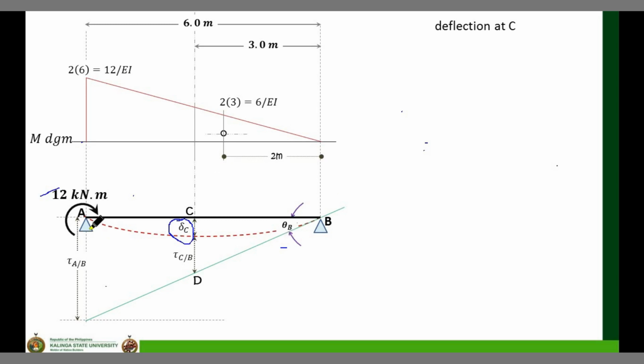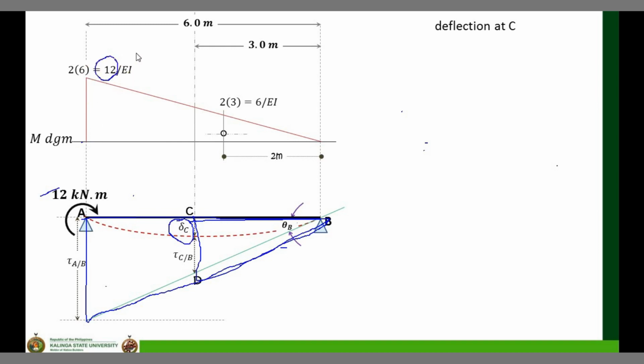Using similar triangles, the bigger triangle is this triangle. This is your bigger triangle, and your smaller triangle is this one. So using your knowledge in ratio and proportion or similar triangles, I can solve the deflection at point C. Now, we know from the moment diagram that the height of our triangle for the moment diagram is 12.